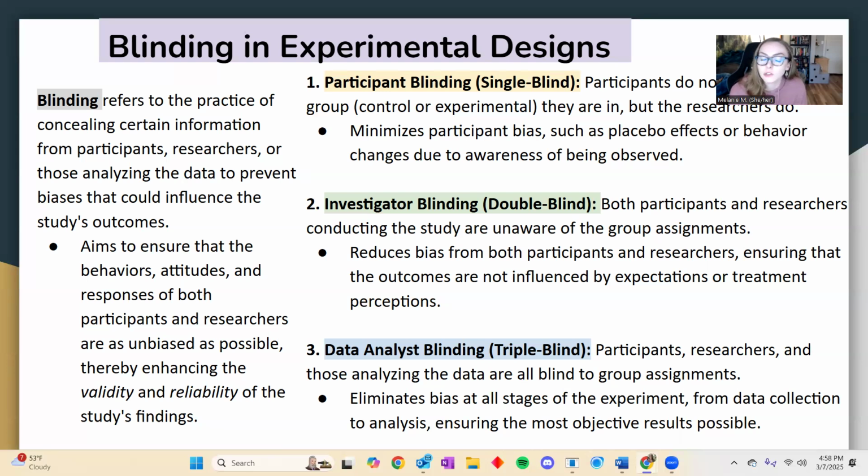Double blinding, which is also called investigator blinding, is when both participants and researchers don't know the group assignment. If I'm going back to my antidepressant example, or even the cancer example, not only would the participants not know what group they're in, but the person actually delivering the intervention also wouldn't know.